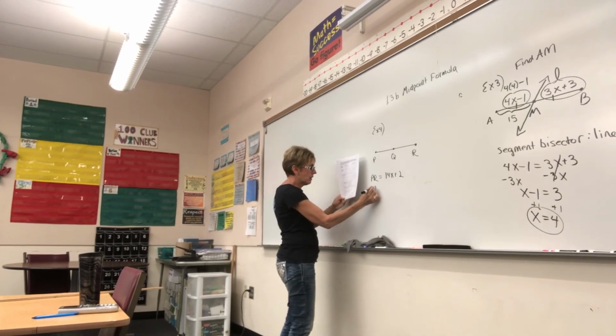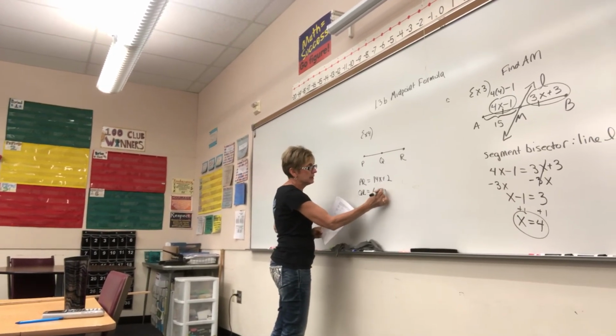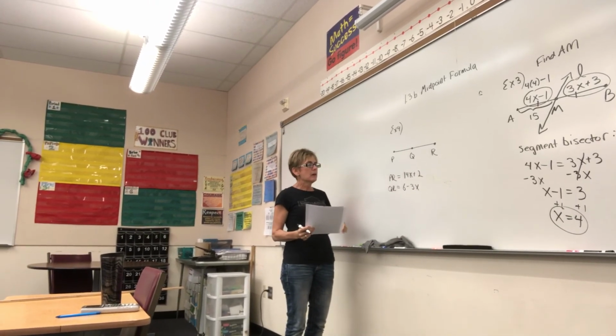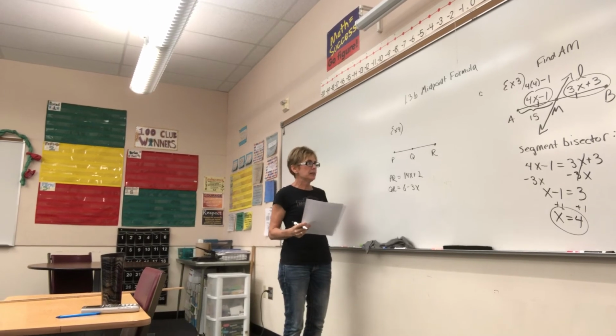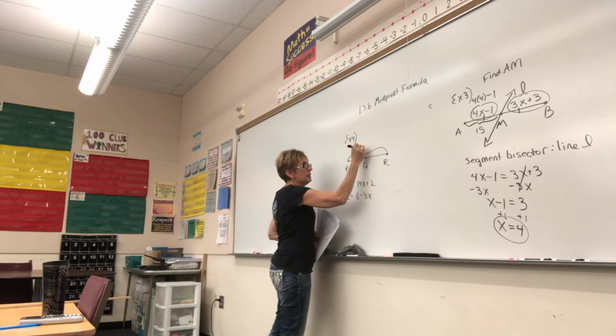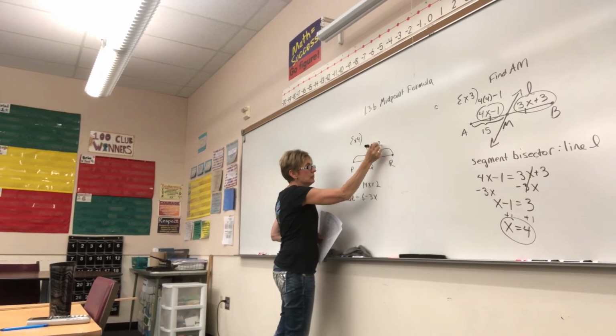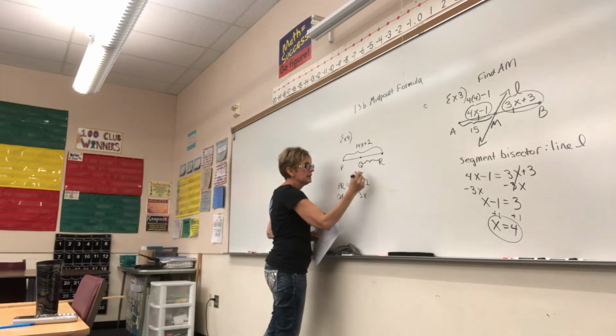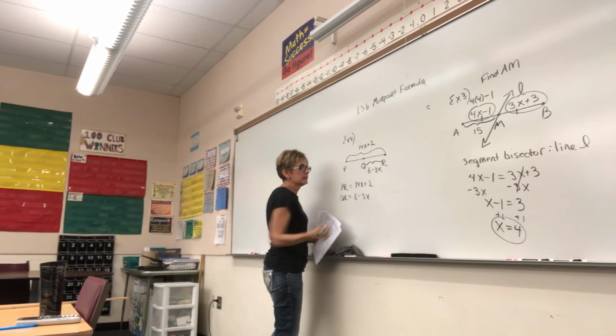And QR equals 6 minus 3x. Now again, two capital letters next together are a way of saying distance between. So the distance between P and R is 14x plus 2. And the distance between Q and R is 6 minus 3x.